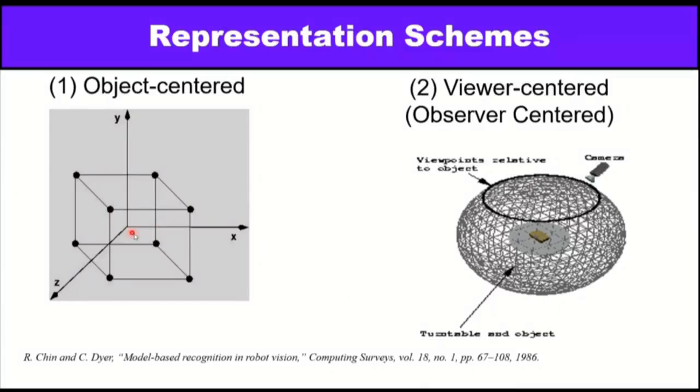So the object is here, and we align our camera to the object. So the view is object centered. In the other case, the camera is here and the object is in a free environment. Now the object is adjusting to the camera reference, so the object is moved such that it comes in the frame.